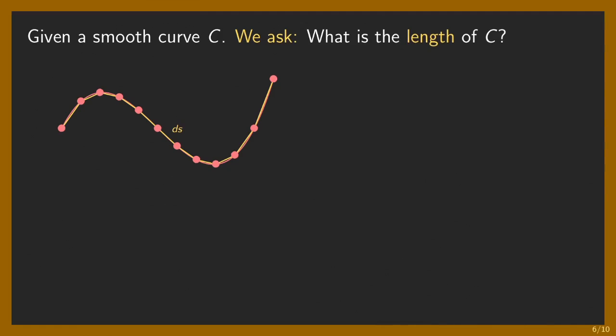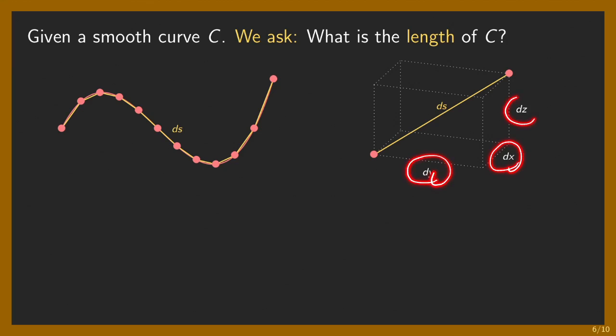Question is, how do we calculate ds? ds, as you can tell, is just a distance between two points in space, and we can consider it like the length of the diagonal of this rectangular box, where the length, width, and height are given by dx, dy, and dz.